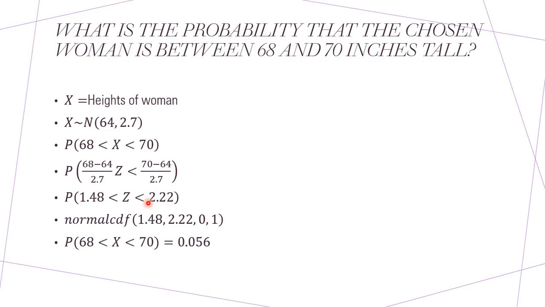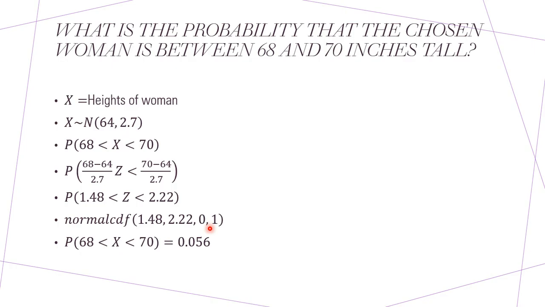Using your normal CDF again, you'll be using your lower and upper bounds. Since this one doesn't go off infinite, so it's not saying it's always greater than or always less than a number, you don't need that 1e99 sitting there, or 1 times 10 to the 99th is what that e stands for. Again, you can change out the 0 and 1 and use the original values.